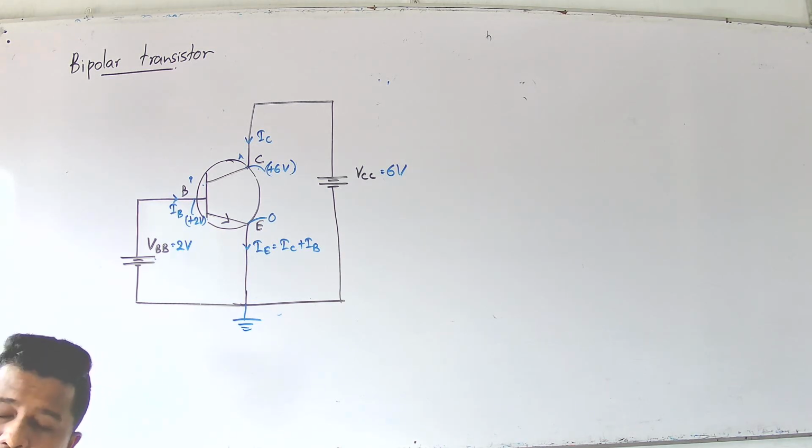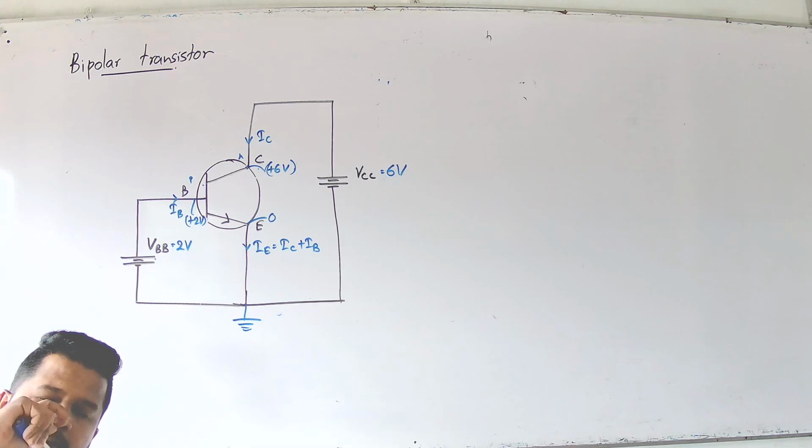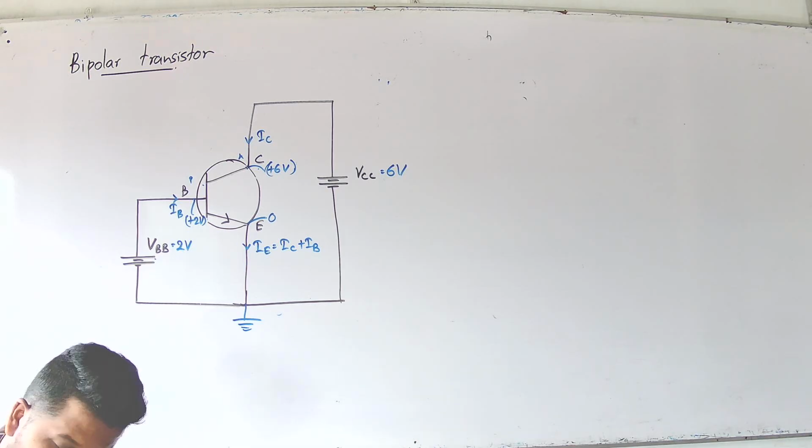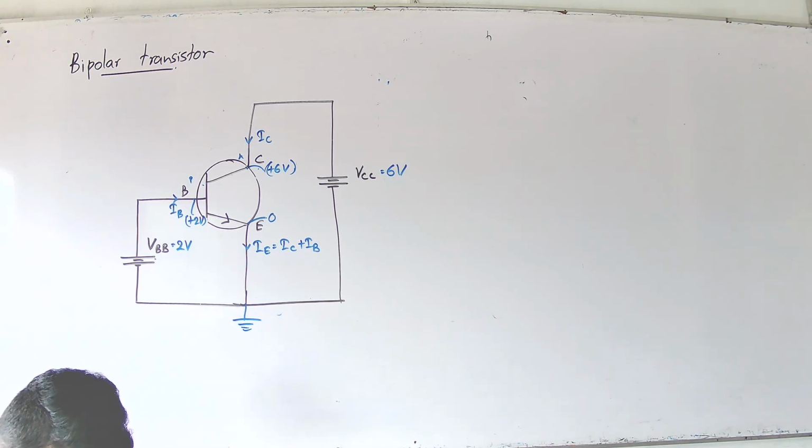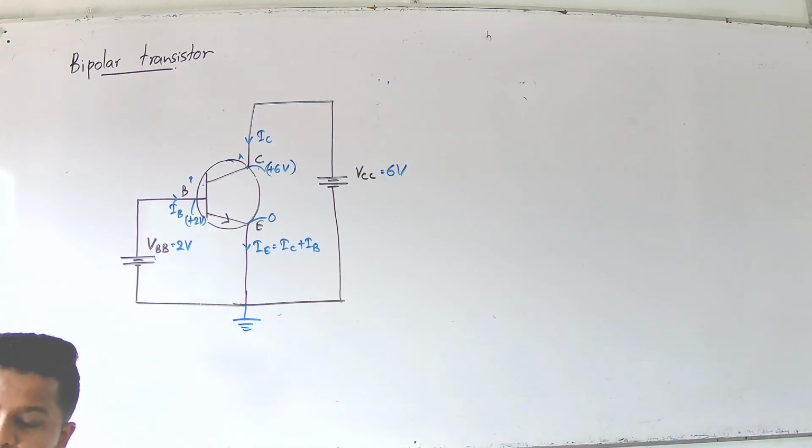The electric current corresponding to the electrons is called IE, emitter current.